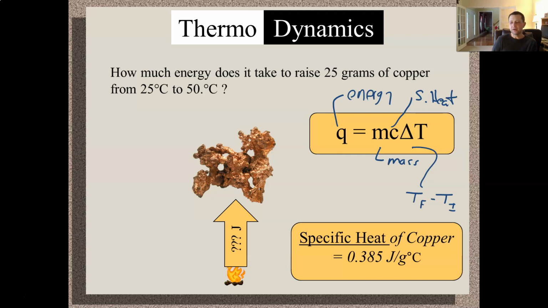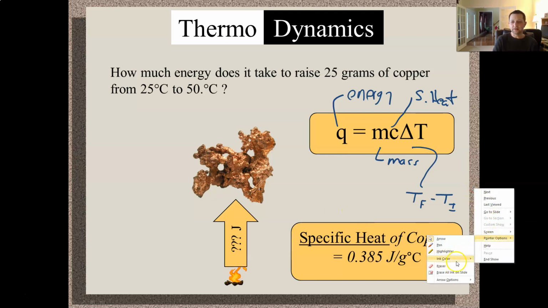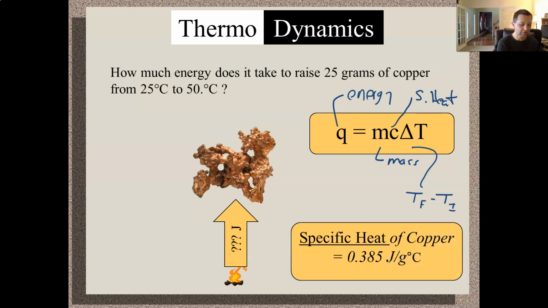So this is pretty simple. All we have to do is plug all this into our Q equals MC delta T equation and see what we end up with. So let's set it up over here.